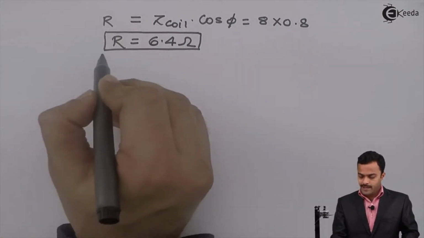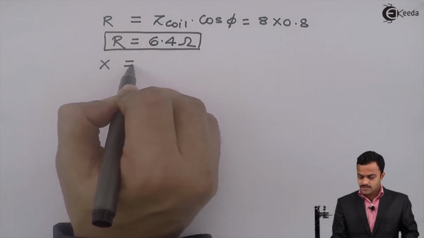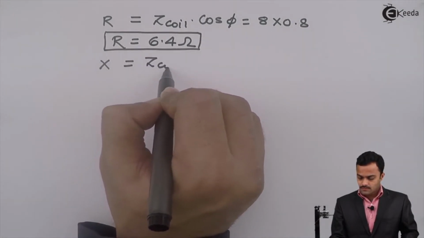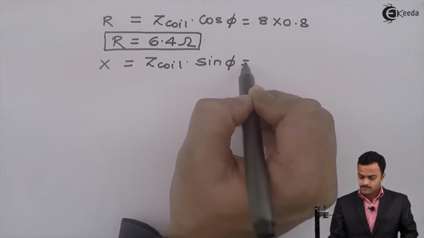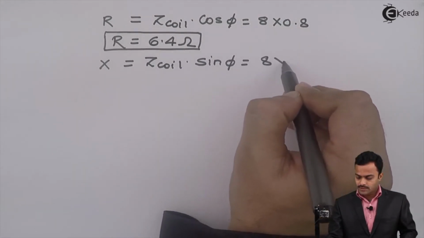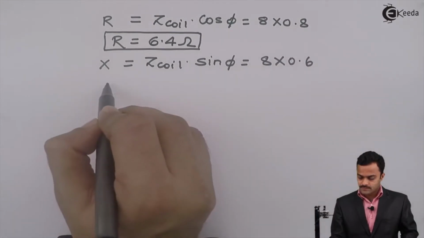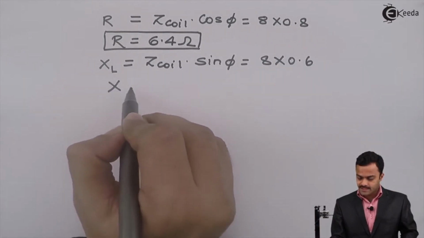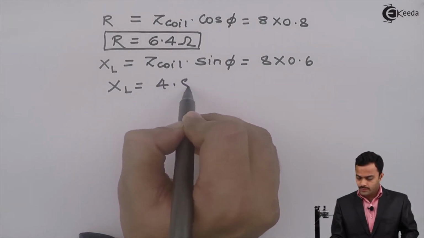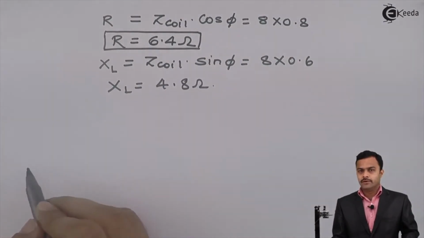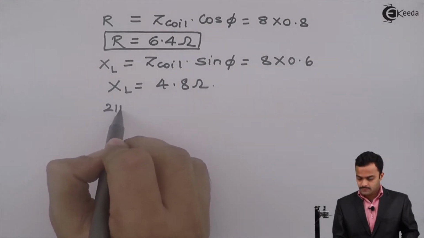And reactance value X is Z coil into sin phi. So it is 8 multiplied by 0.6. I am getting X, or you can say XL, as 4.8 ohm. We know XL is 2 pi FL.